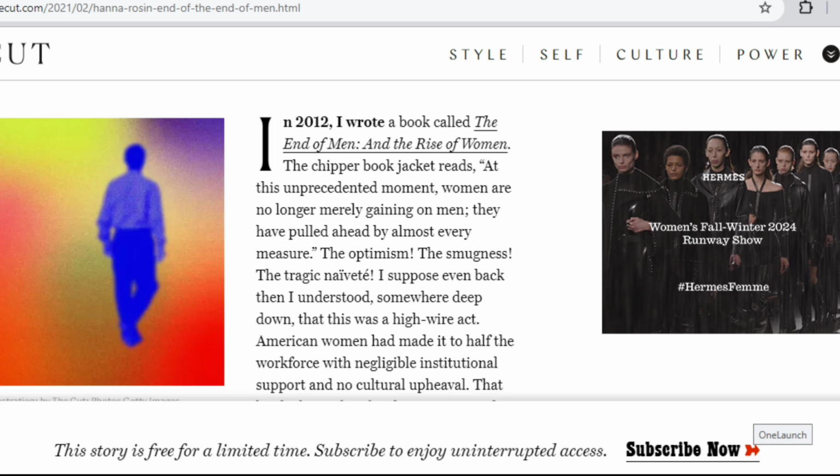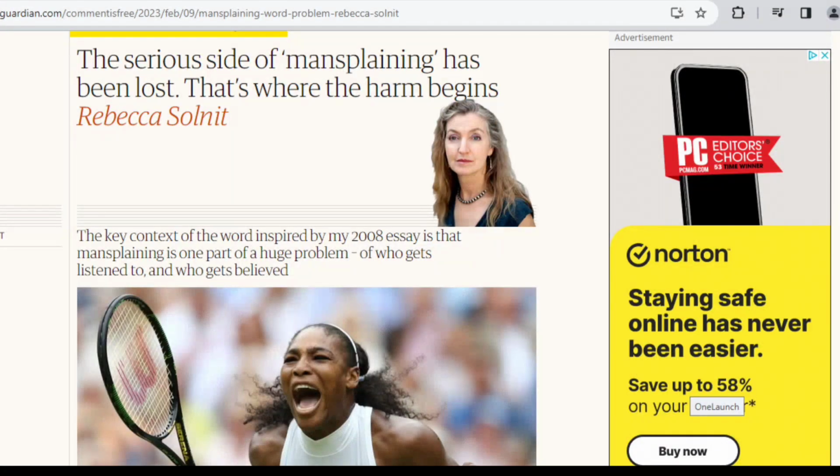This article talks about the ideas in the book, The End of Men, how women have taken men's jobs and how women are becoming more successful than men in education and career. And we can continue debating on this topic forever, but that will incite your imagination to be able to write your papers.